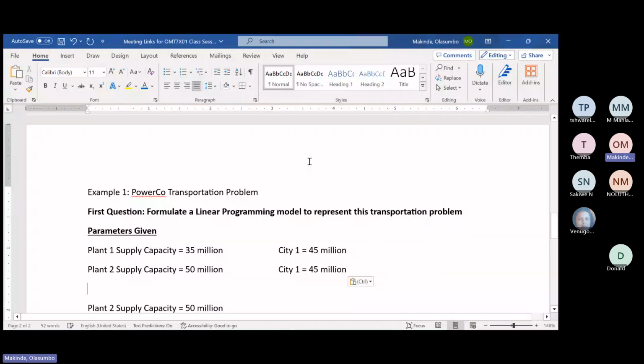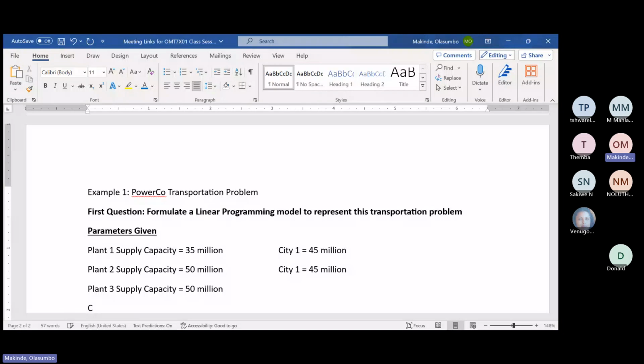Then city 2, plant 3 capacity, let me quickly see, plant 3 capacity is 40 million. So let me change it. Then city 2 demand, please make sure you confirm no mistake. Just note all the parameters and write them out. City 2 is 20 million.